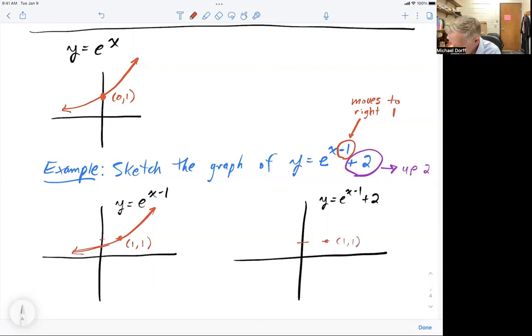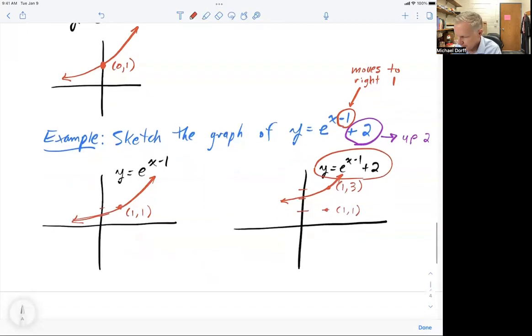I'm going to move it up 2, so I'm going to get this point here, 1, 3, and my graph now is going to look like that. So y equals e to the x minus 1 plus 2 shifts it to the right 1 and then up 2.